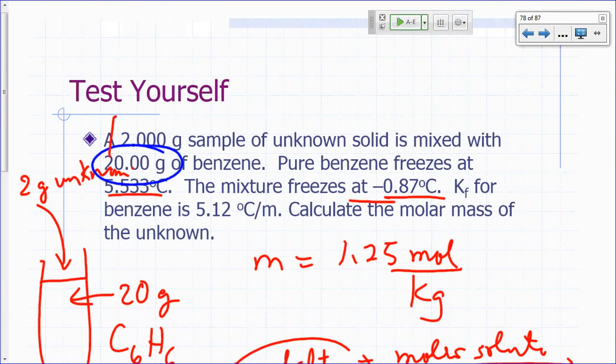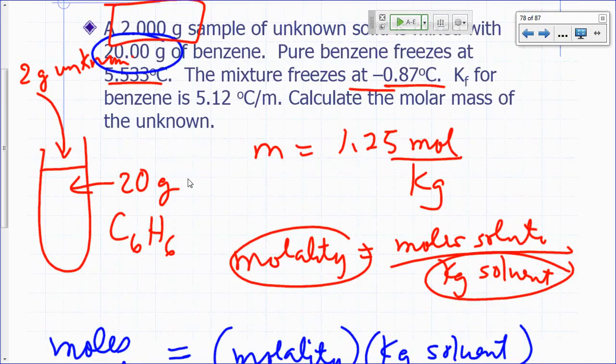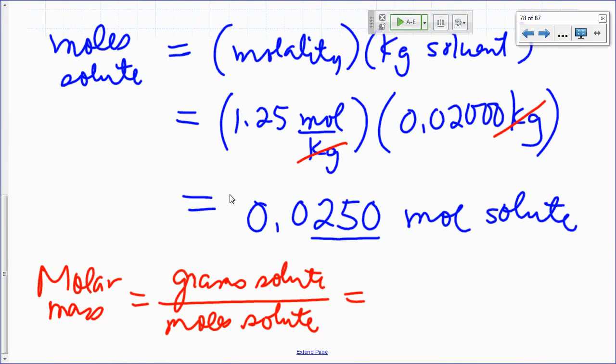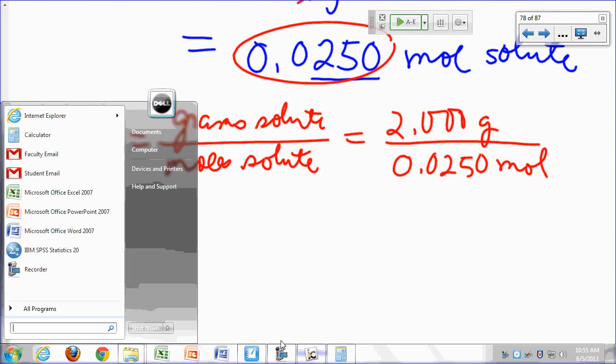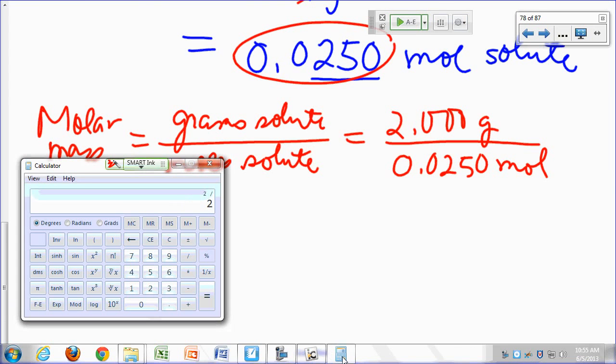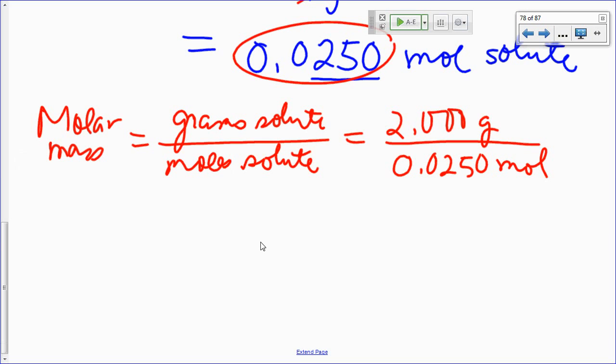You're given 2 grams of your unknown solid. So 2.00 grams divided by the moles of solid, 0.025. 2 divided by 0.025 gives us 80 grams per mole. 80.0 grams per mole. Okay?